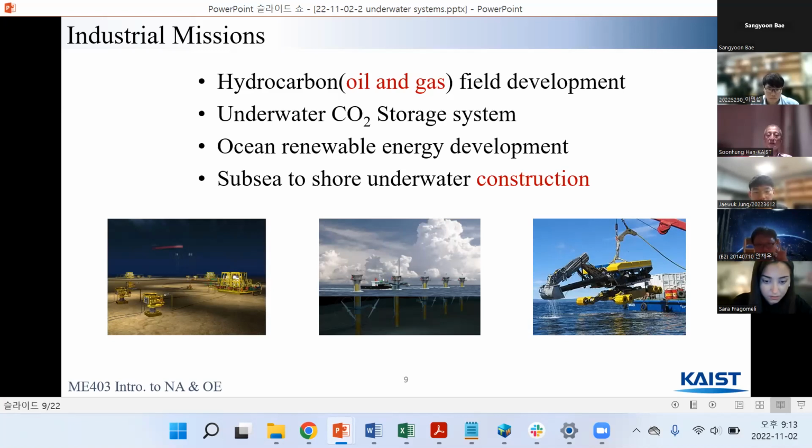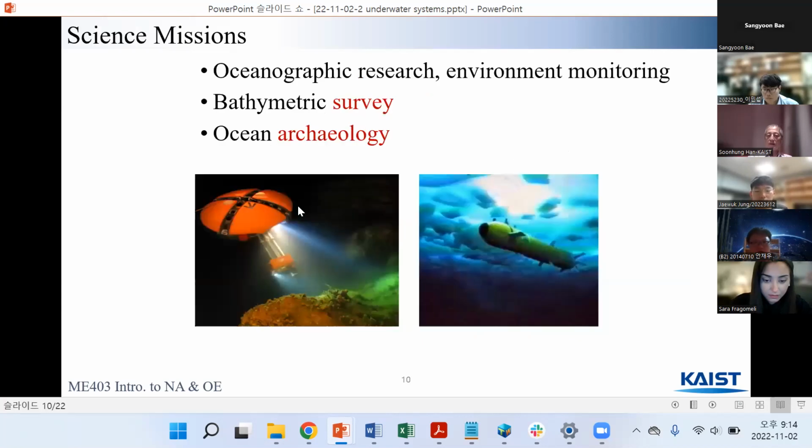And for renewable energy development, we also need ROV or AUV. And also subsea and shore underwater construction. So you may see that there are industrial operations of AUV and ROV, and you see that strong power is needed, so a battery cannot be used for AUV. Okay.